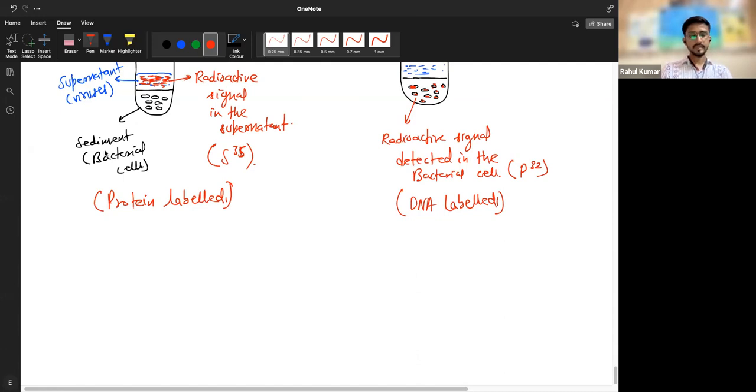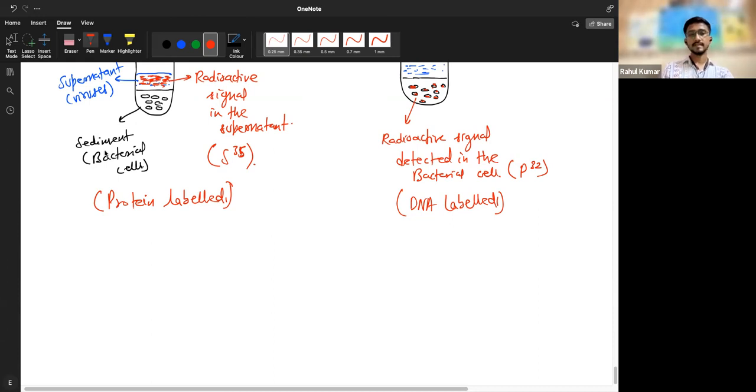This proved that DNA is the genetic material that is passed on from viruses to the bacteria during an infection.